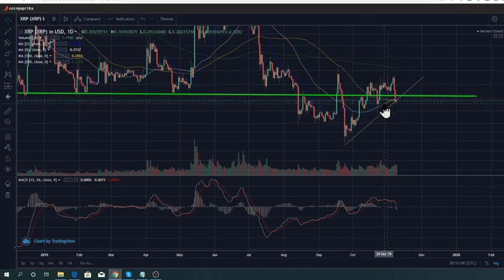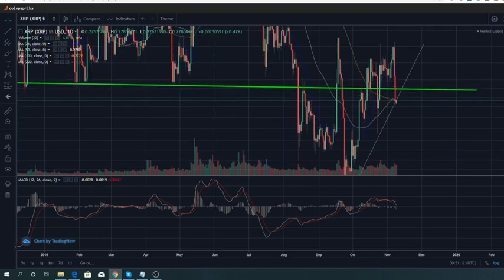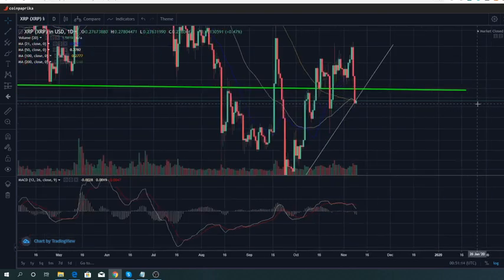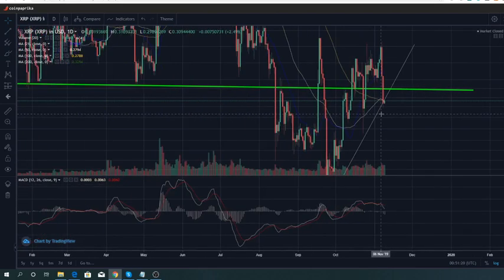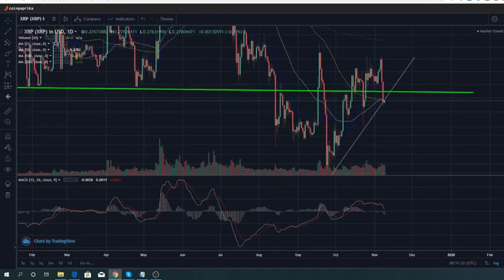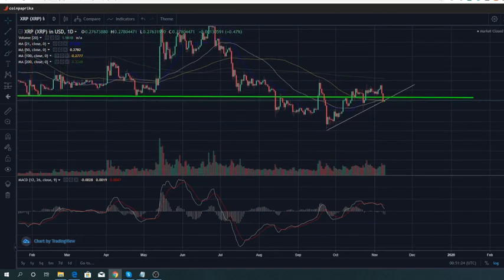Then the 50-day moving average crossed the 100-day moving average. Now what we have to look at here is, when we were expecting a pump, as there is a golden cross, the price actually came down.